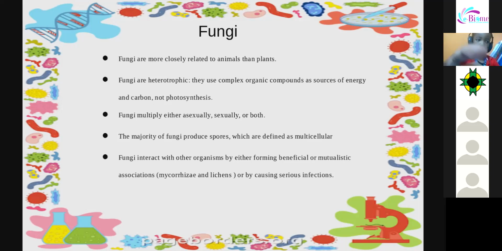And sexually means they need two parents, a mother and a father, to help produce new fungi. Everyone understanding? Yes, sir. So humans reproduce sexually. That means you need your mother and you need your father to make a new human.